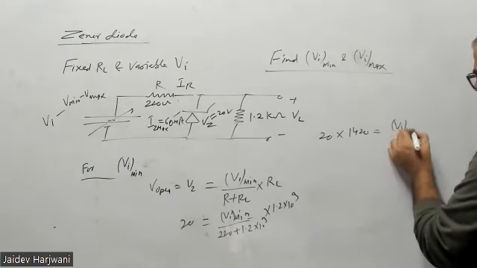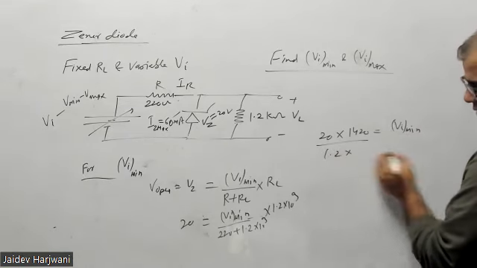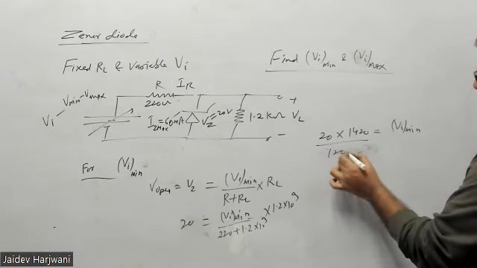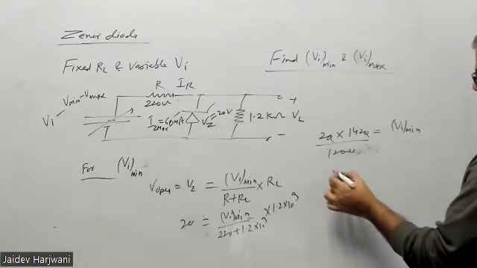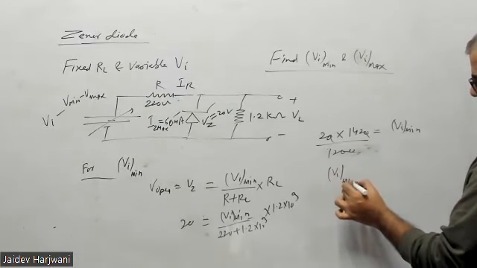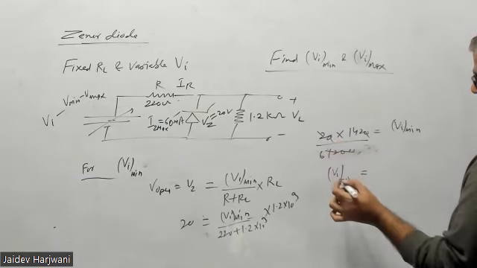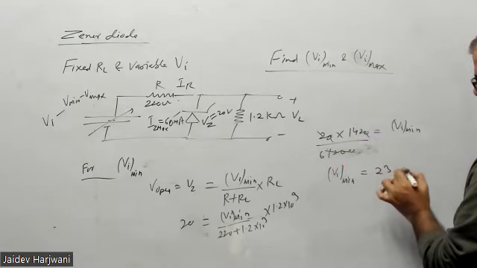So how much is coming? Tell me VI minimum. 23.67 is coming, you can write 23.67 easily.